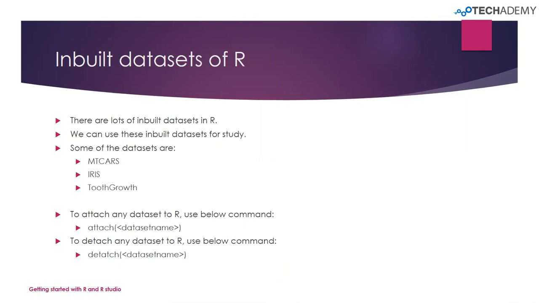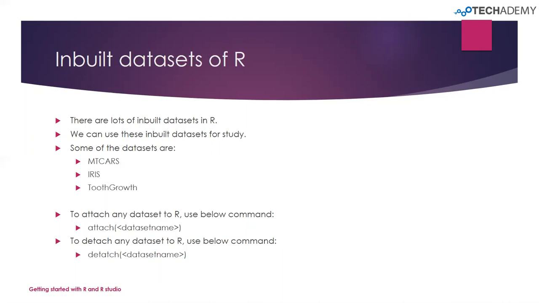To attach any dataset to R, use the below command: attach, which is the name of the function, and then the name of the dataset that you want to attach, like iris, mtcars, or anything. If you want to detach any dataset from R, use the below command, detach, and the name of the dataset that you want to detach.